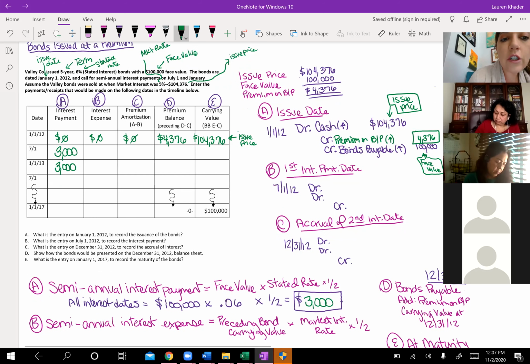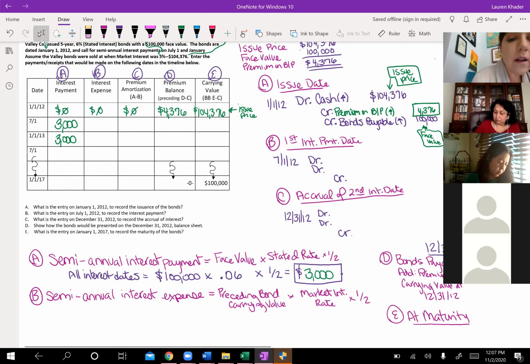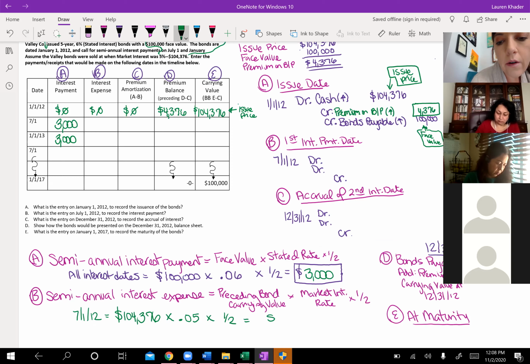For my interest expense, we know that we have to calculate it. And on July 1st, 2012, the preceding bond carrying value is our initial issue price, which is 104,376, times our market interest rate, which was 5% annually, times 1/2, because it's paid out twice per year.